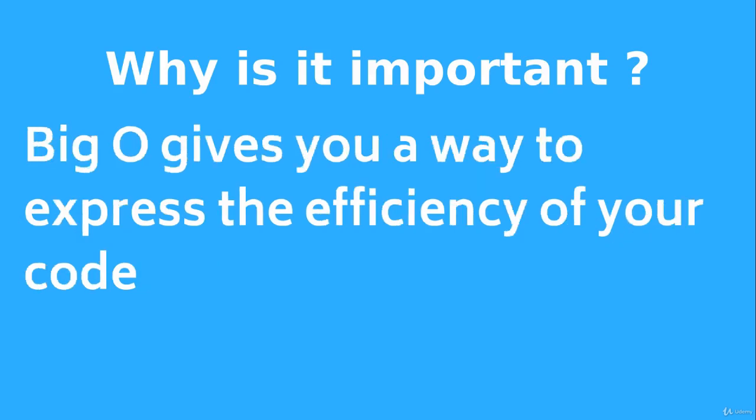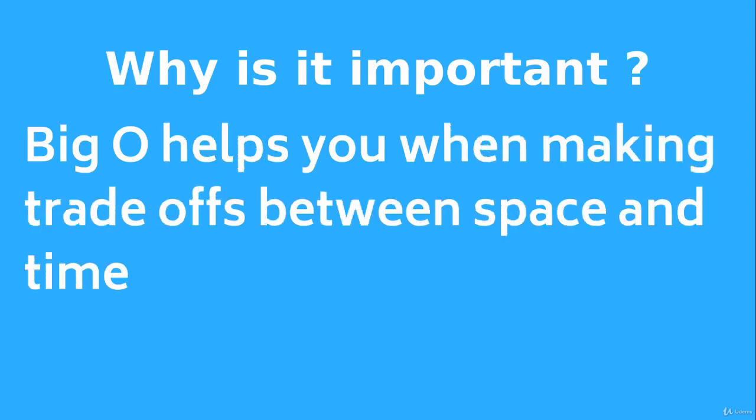Now, Big O gives you a way to express the efficiency of your code, and it helps you to make trade-offs between space and time, whether your code would take in more space, for example, or will it be quicker, faster.